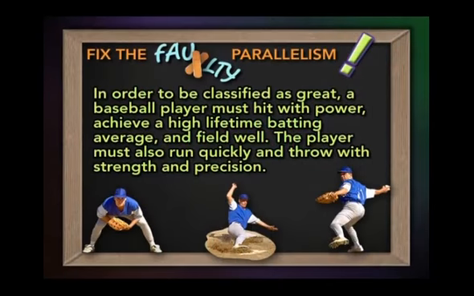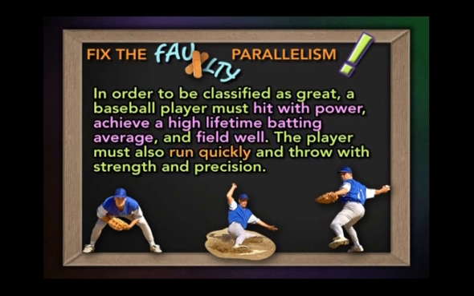Here's my answer. In order to be classified as great, a baseball player must hit with power, achieve a high lifetime batting average, and field well. The player must also run quickly and throw with strength and precision. Here's my parallelism. Hit with power, achieve a high lifetime batting average, and field well, all in the same grammatical form.